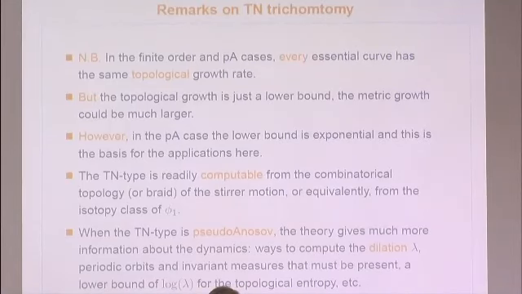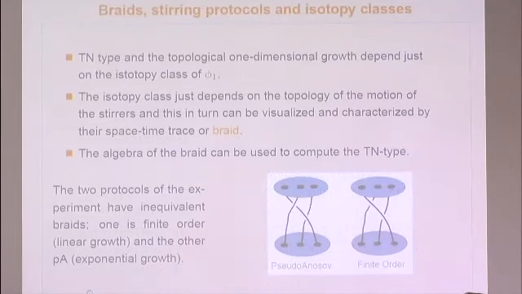So these split like this, goes up like this, these like that. So there's a whole kind of combinatorial way to describe the stirring protocols, and from that you can compute all these magic things, this dilation and other stuff where people know dynamics, invariant measures, periodic orbits, lower bounds on the entropies, and all such things. All right, so again, the points are it's all computable, and we have an exponential lower bound.